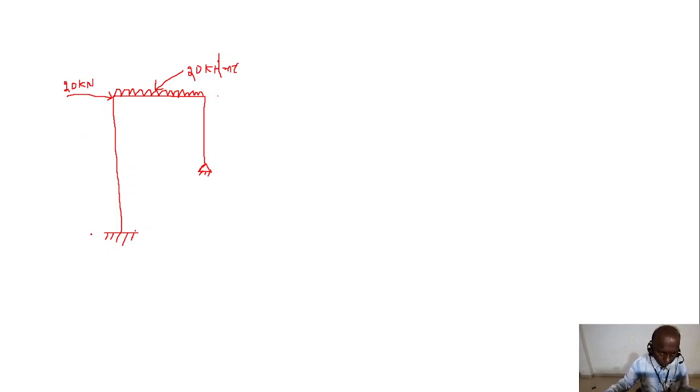We will label the points A, B, C, D. The length of BC is 4 meters, the length of AB is 5 meters, and the length of CD is 3 meters.